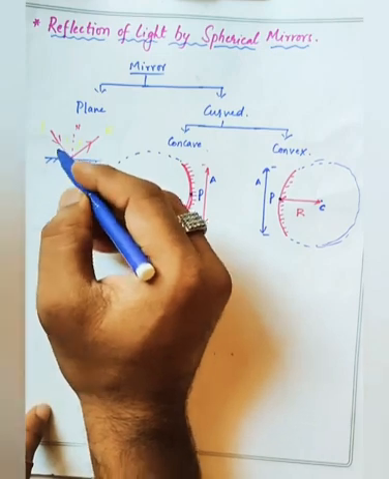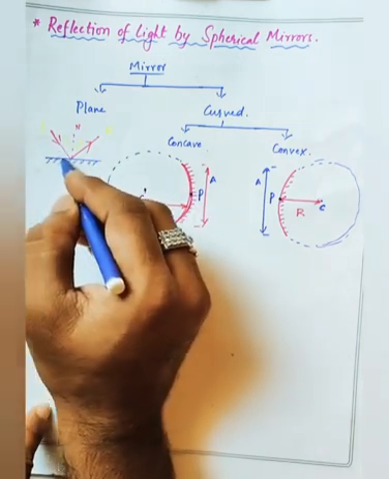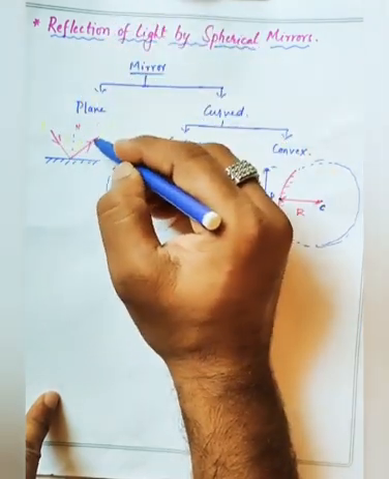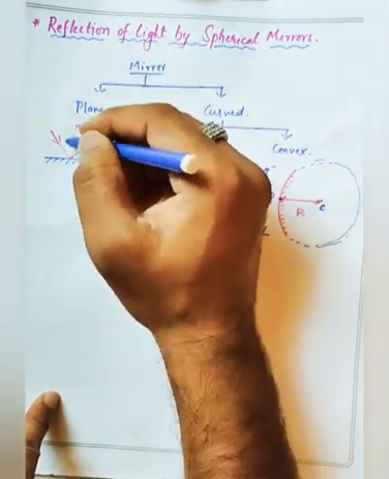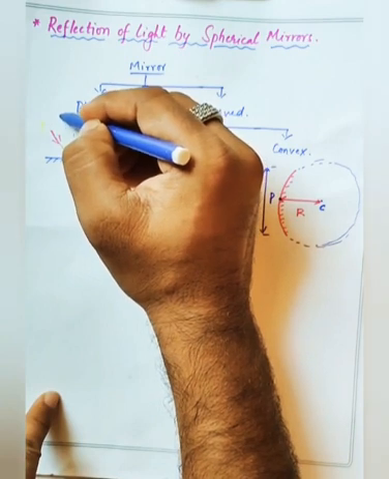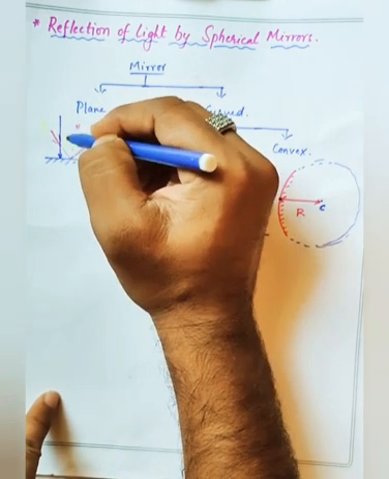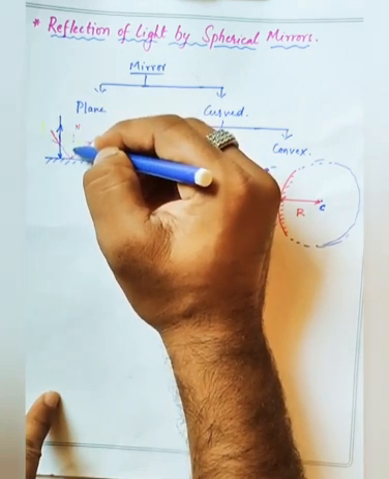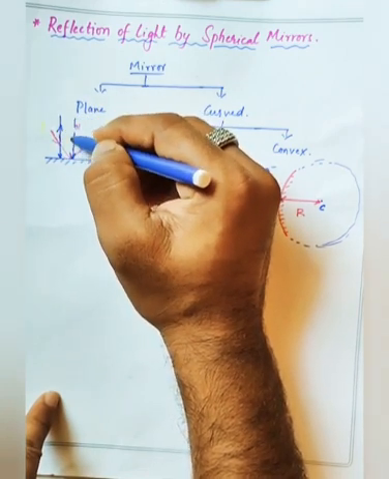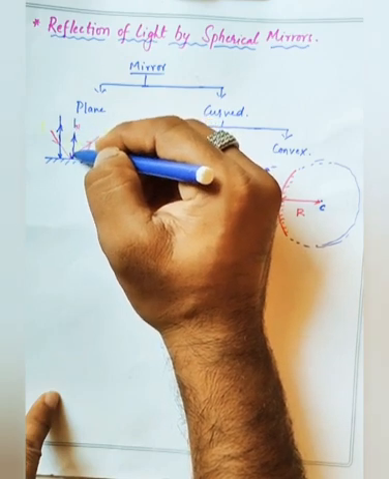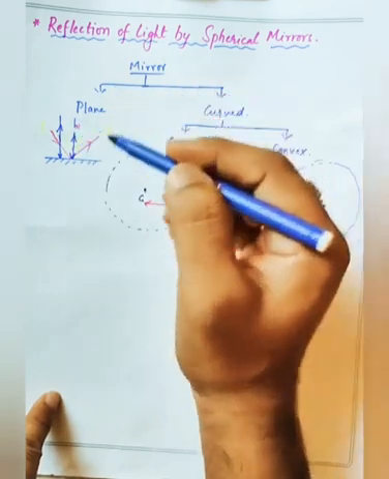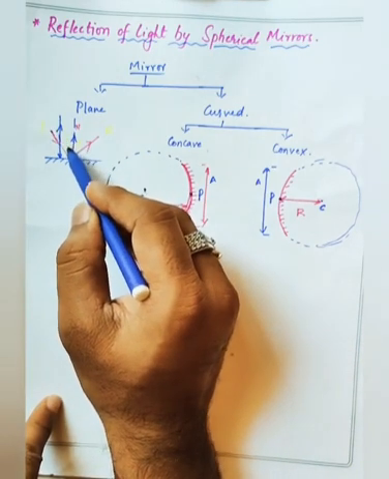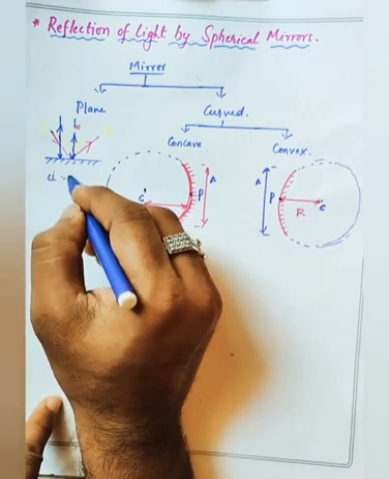In a plane mirror, the ray comes like this and reflects back. With respect to the normal, it reflects back because the angle of incidence and the angle of reflection will be the same in this case. Here the angle of incidence is I, here the angle of reflection is R. So we know that angle I is equal to angle R.